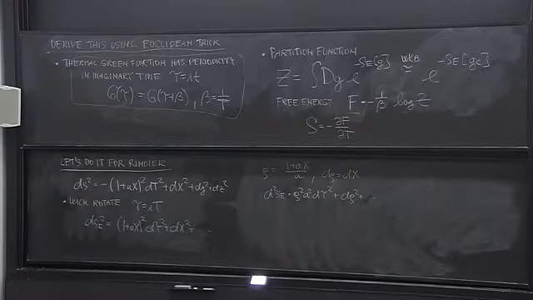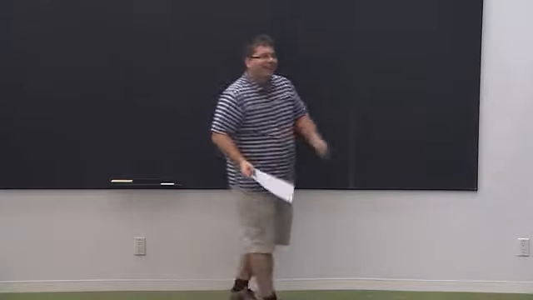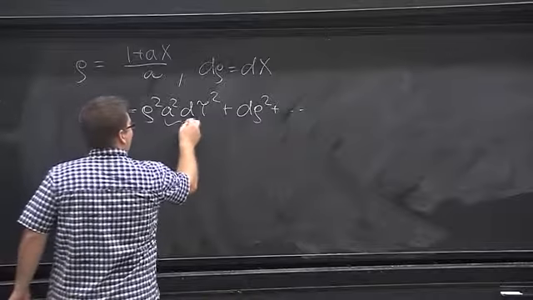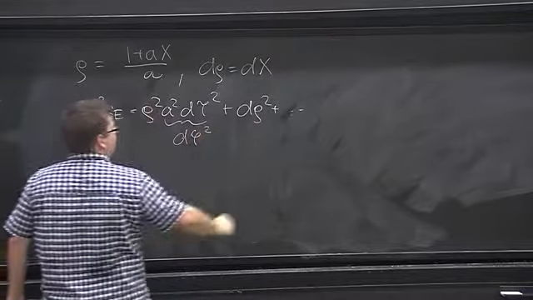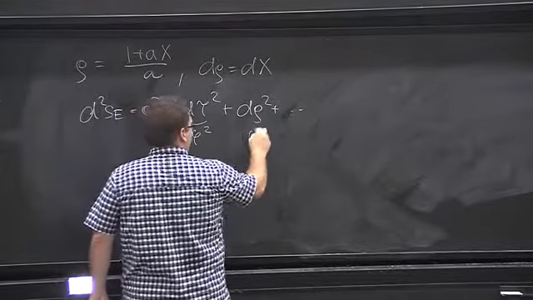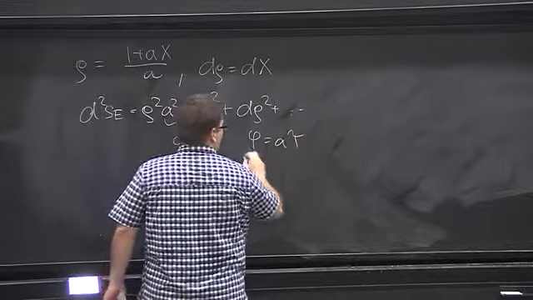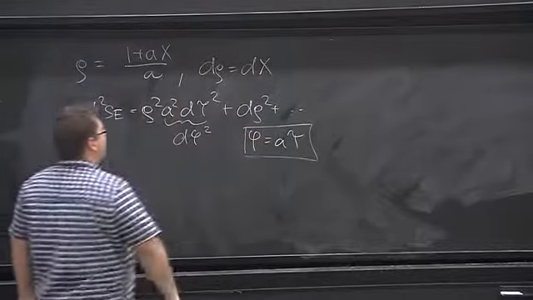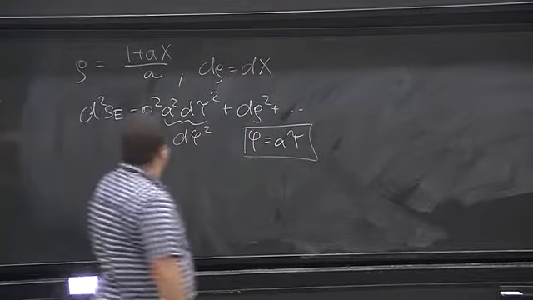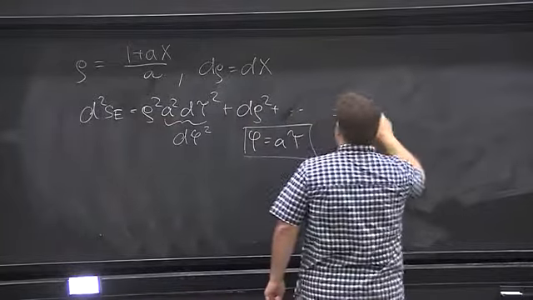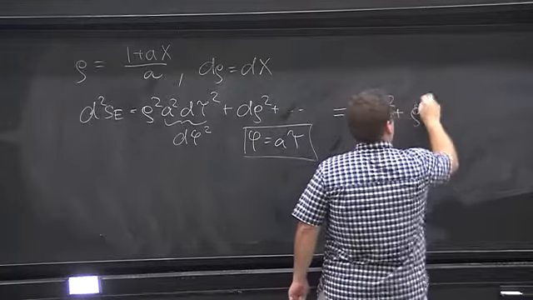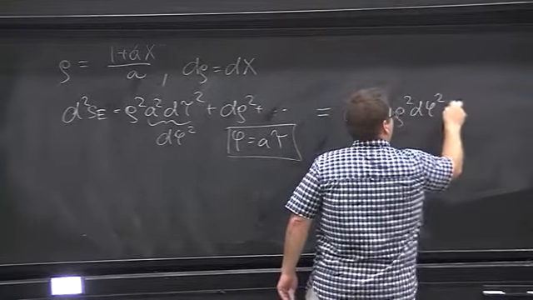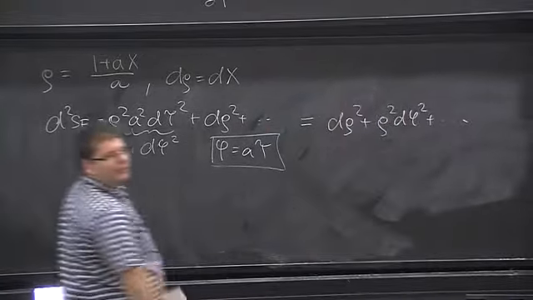All right, so this looks simpler. Now I make it even simpler: I define phi to be a times tau. Then this becomes just d rho squared plus rho squared d phi squared plus the other two terms.